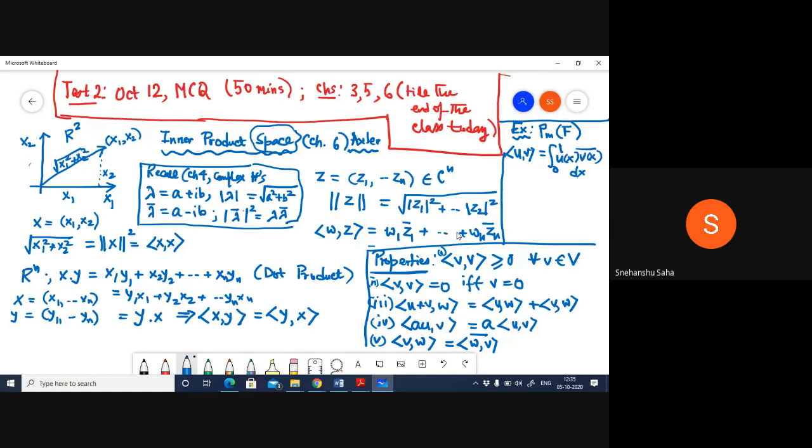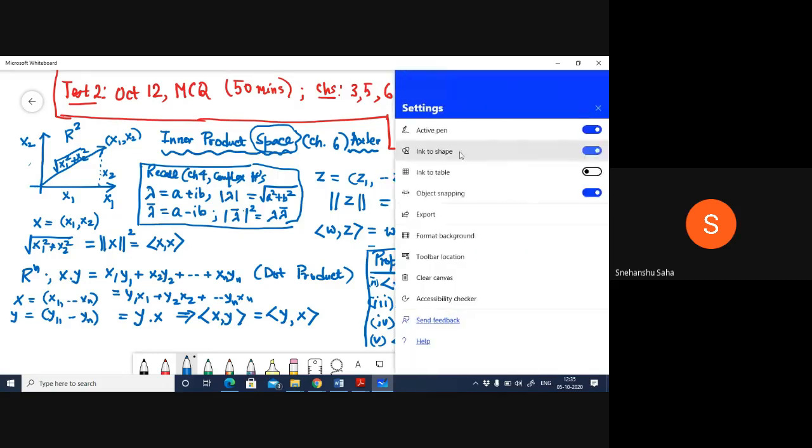The second property is also sort of trivial because it says if you take the inner product of a vector with 0, you are going to get 0. If you take an inner product of 0 with itself, you are also going to get 0. However, the second and third properties are very easy to follow, so I'm just going to show one, and then move on to the other things.